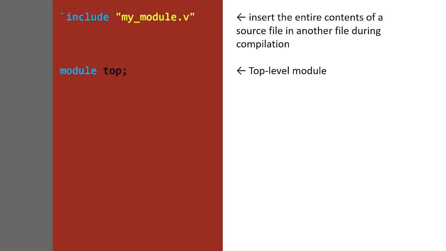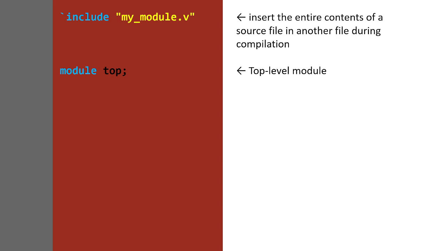This module cannot be instantiated by other modules in the design. What I'm trying to say is, this is a module that is not going to be called inside other modules. This one is at the top of the hierarchy. And oftentimes we simply call it top, meaning that it's at the top of the hierarchy.